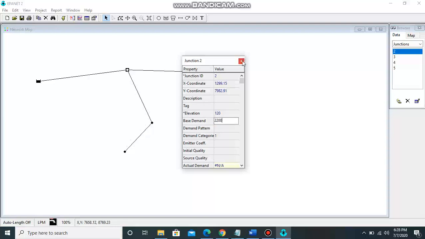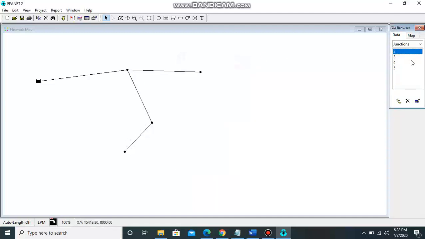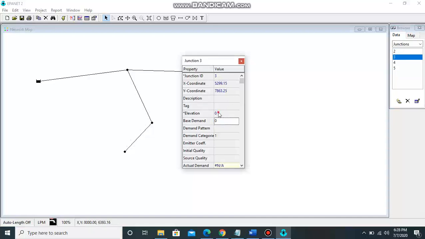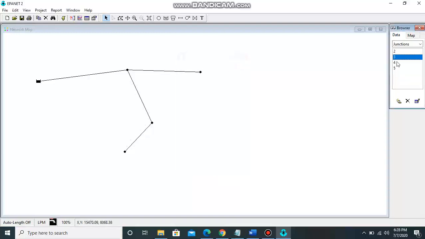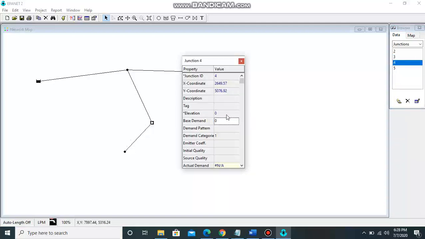Next, junction 3: junction 2 is 120, junction 3, let's say 100, then the base demand is 2000. Junction 4, let's say elevation is 90, base demand is 2500.